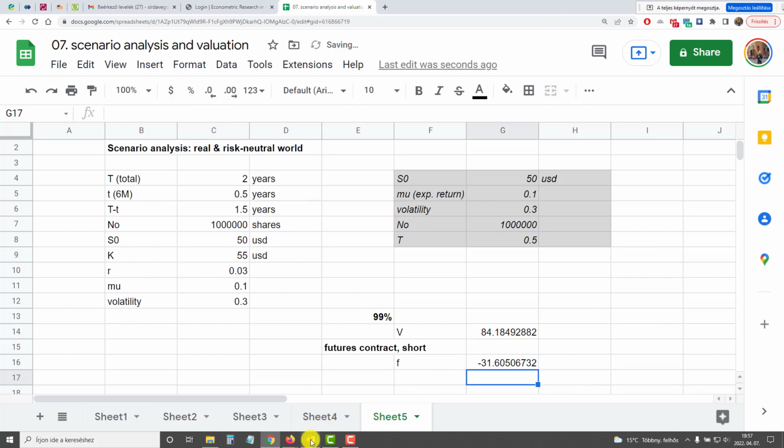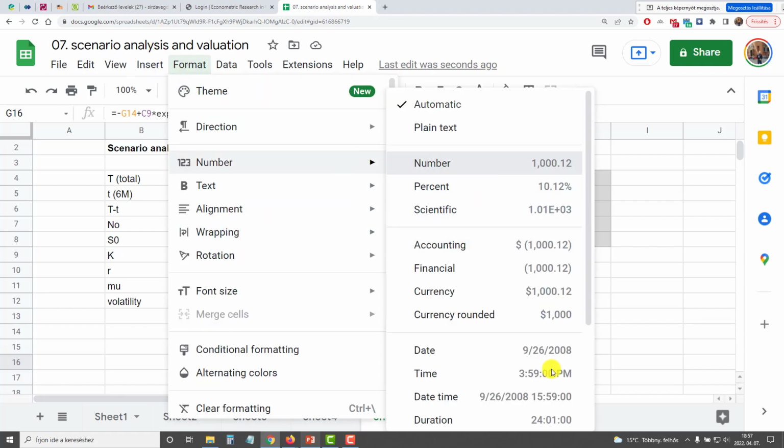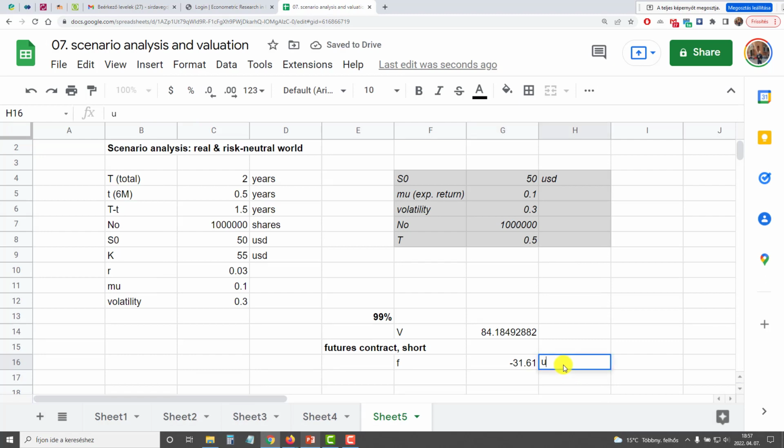Okay, and I did this. And we're supposed to have negative numbers. Why? Because right now the spot rate is under the K, so that's why it's low. And still we need some formatting to make it nicer. And it's in US dollars.